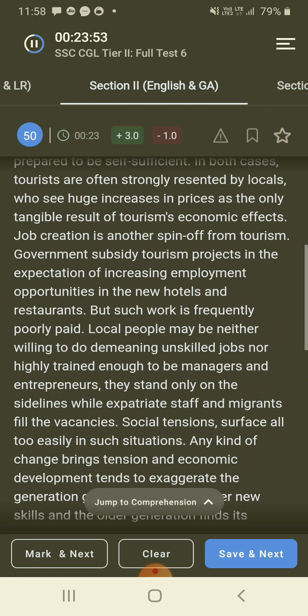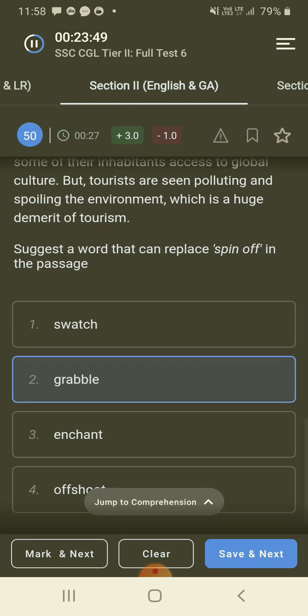Job creation is another spin-off from tourism. Another offshoot. Switch.